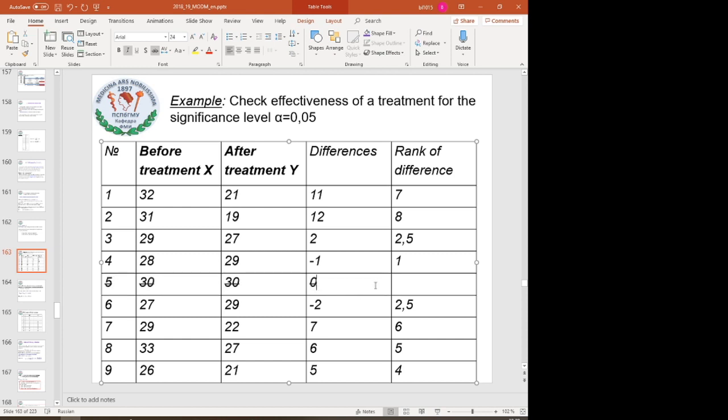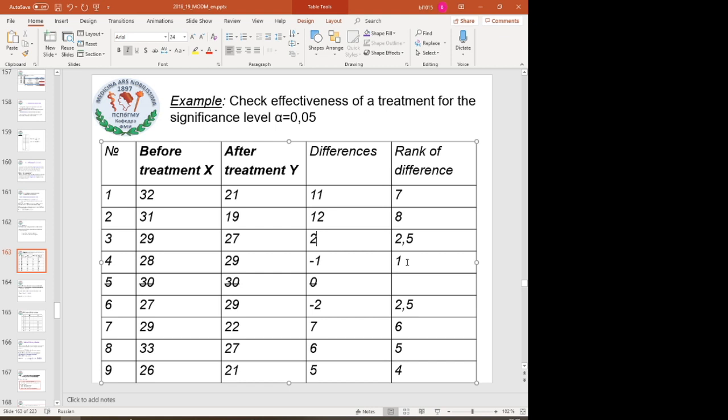Then we should give ranks to our differences. The minimum is 1 by absolute value, and it has the first rank, 1. Then we have a decreased value by 2 and an increased value by 2, opposite signs but the same rank values.